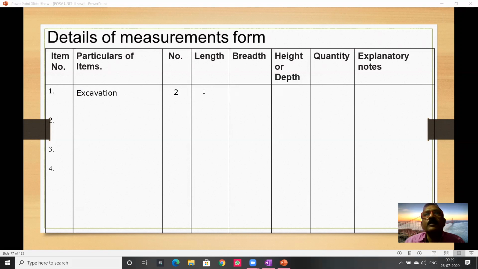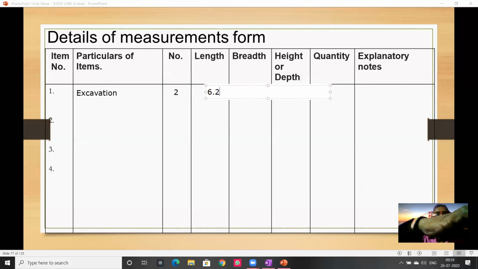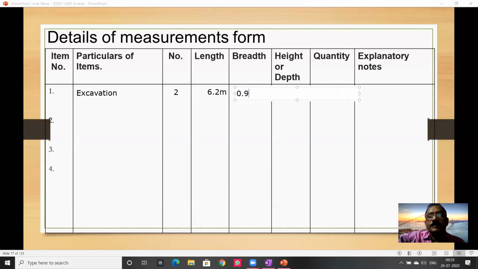So 6.2 is our length in this problem. You must write the unit, meters. The next is the breadth: 0.9 meters.